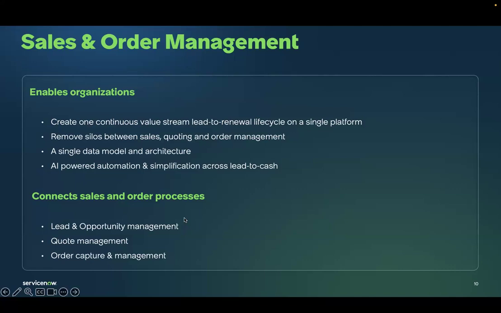So you'll see me today giving a demo of how to mine your opportunity table, quotation table, and customer order table. Aside from that, there are other functionalities like lead management also included in that product. These are, in a nutshell, the capabilities of sales order management.